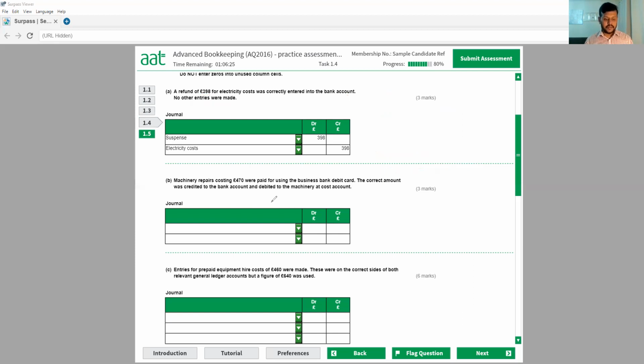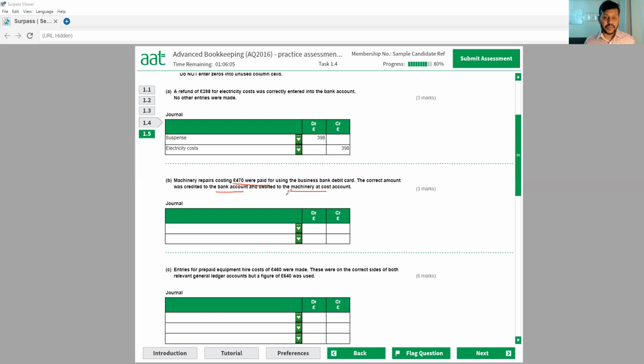The next one says machine repair costing 480 was paid for using the business bank debit card. The correct amount was credited to the bank account, so we make the bank credit, and debited to the machinery at cost. We made a mistake, so let's find it out.